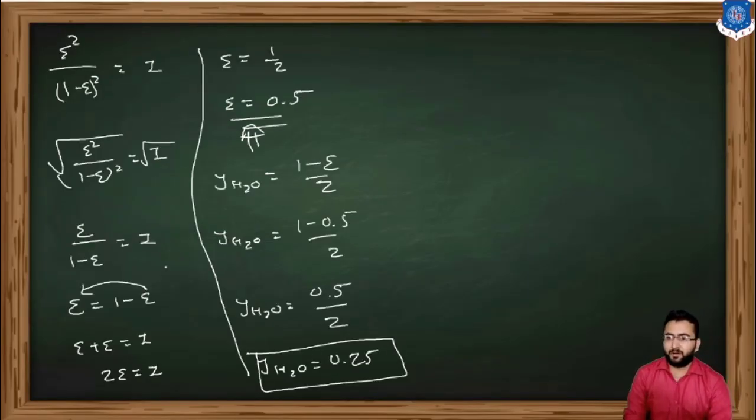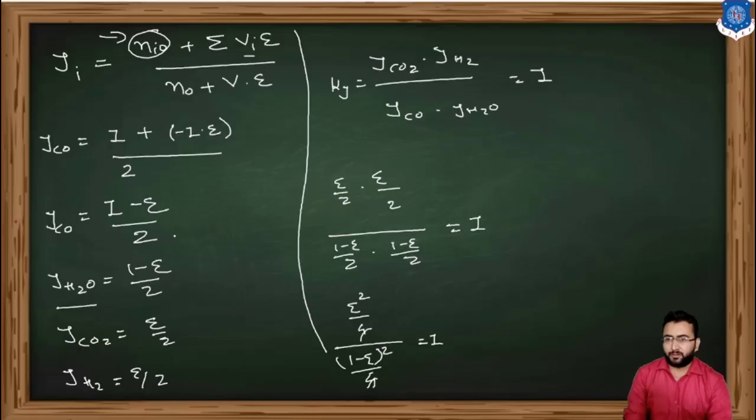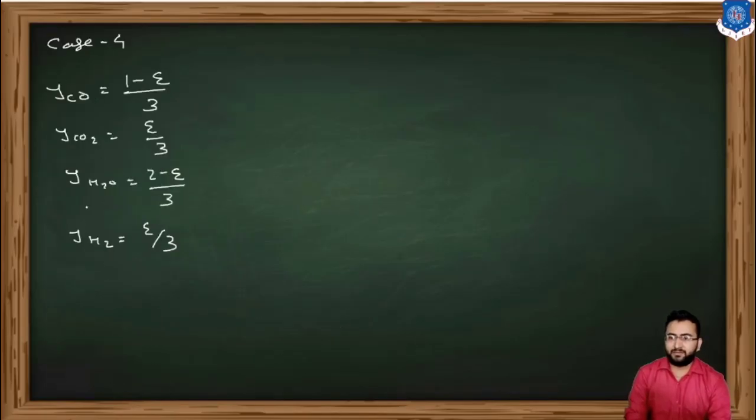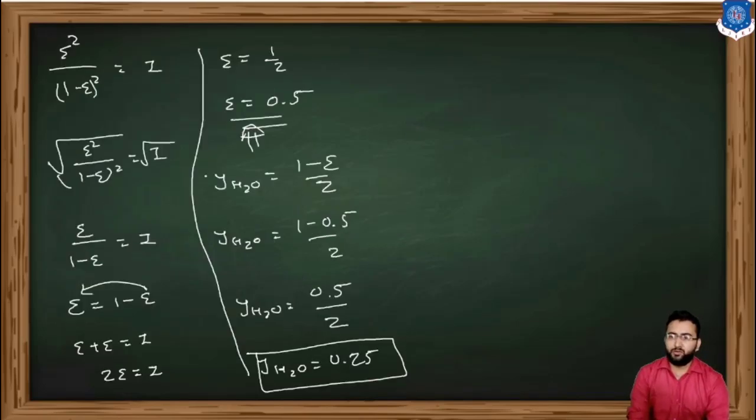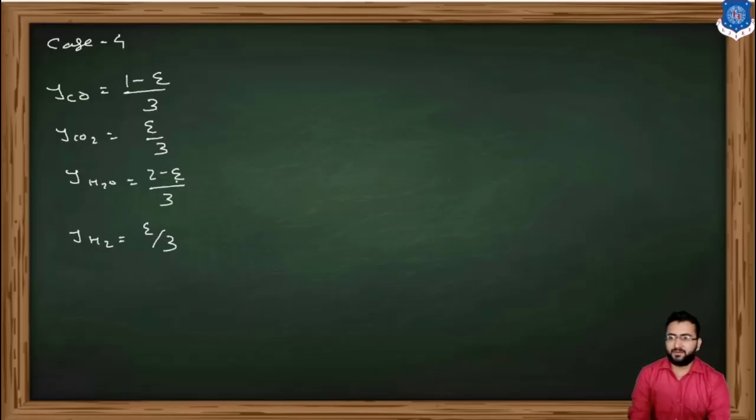Here the total number of moles is changed, so we get 3 in all the equations in case 4 compared to case 1, and the initial mole of H2O is 2, so this equation is going to change. Here the initial mole was 1, so I am getting 2 here, so there will be a difference compared to case 1. Now, using these equations, I have to find the value of Ky.